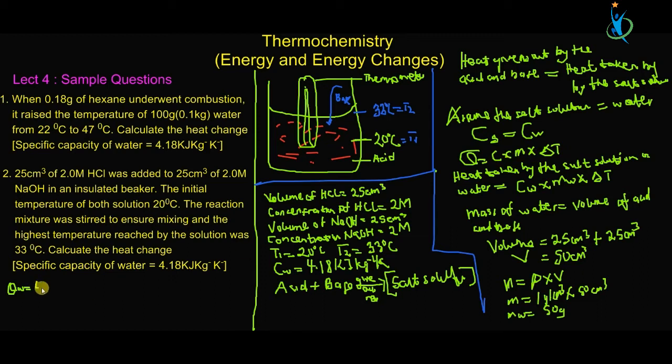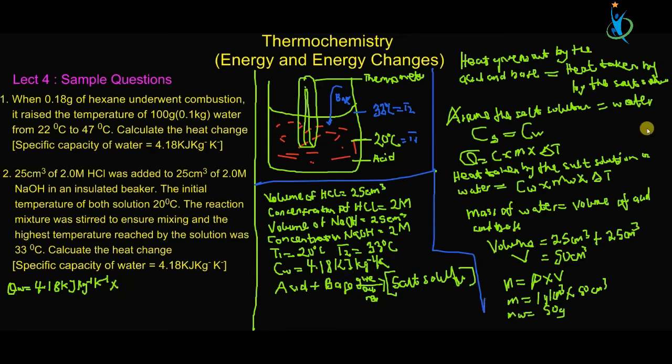We have 4.18 joules per kilogram per Kelvin, and then you multiply it times the what?